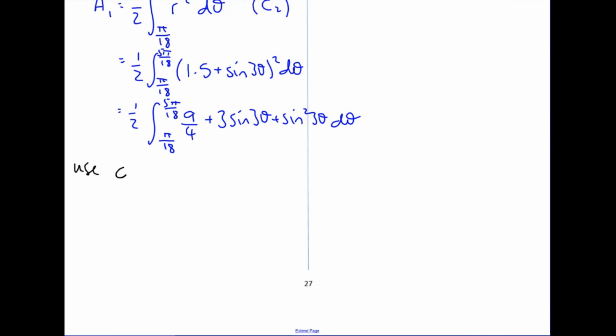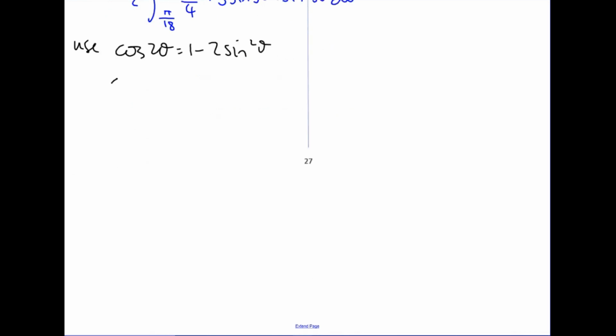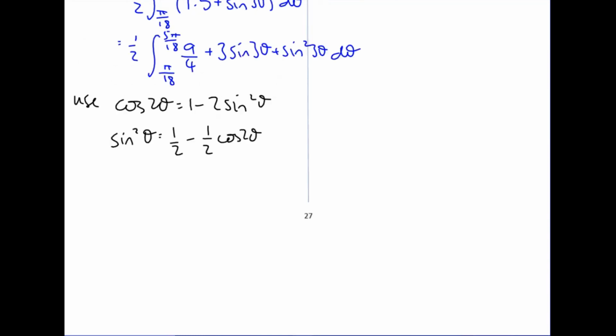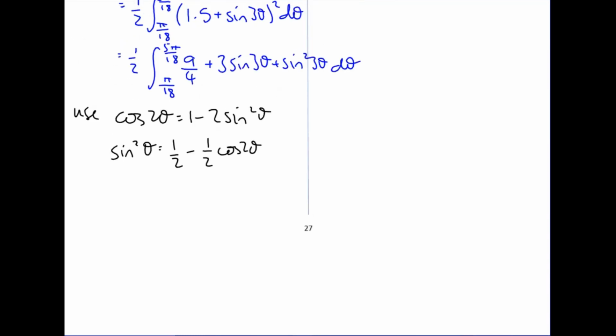Use a double angle formula for cos again. This time the one involving sine squared, which is that cos 2 theta is 1 minus 2 sine squared theta. If I rearrange this to make sine squared the subject, I get a half minus a half cos 2 theta. And when I put this back in, instead of theta, I've got 3 theta in here.